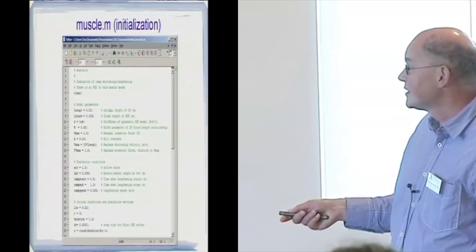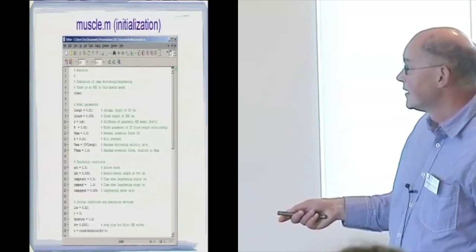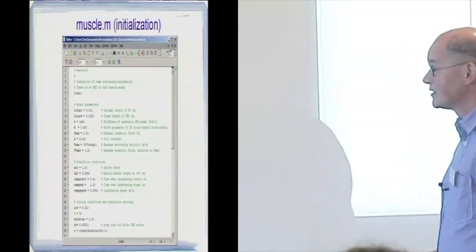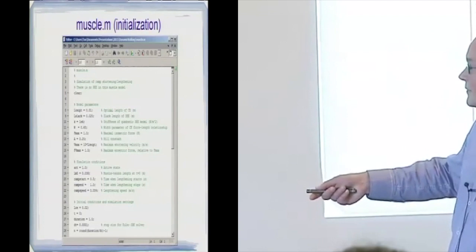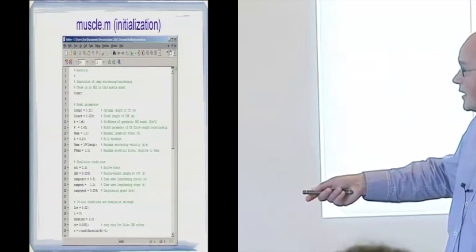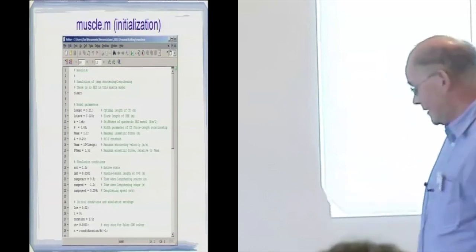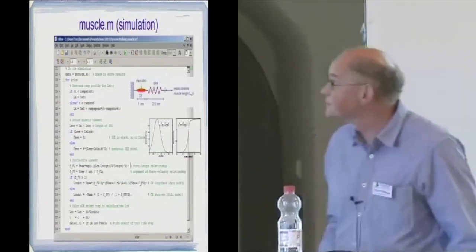I start my ramp at half a second after the simulation begins and end it at 1 second. And that's my lengthening speed, 4 millimeters per second. Then initial conditions and duration. I'm using an Euler solver, so I have a time step. And then the actual simulation happens on the next page.